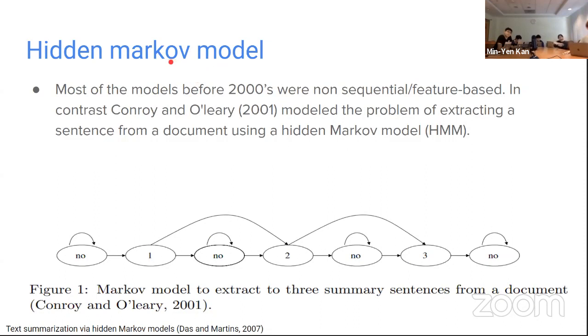So again, this is based on the idea that all previous models were feature-based and also non-sequential. So Conroy and O'Leary thought the summary-based system should be sequential, and they modeled the whole problem with hidden Markov models.